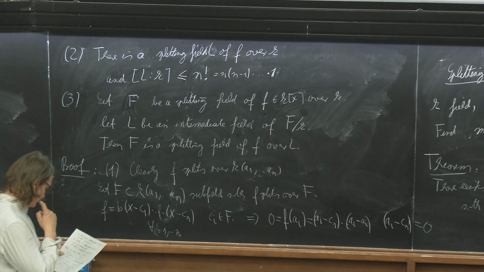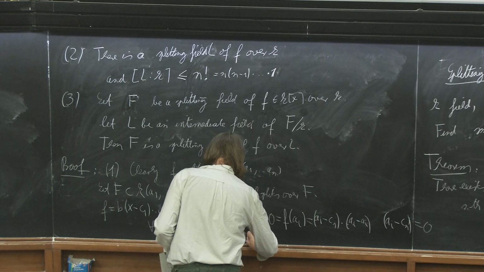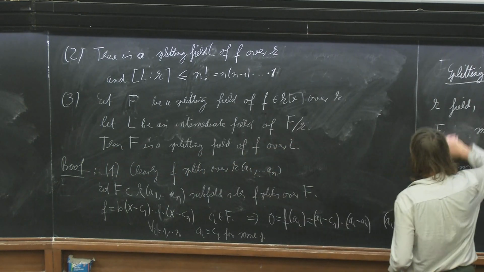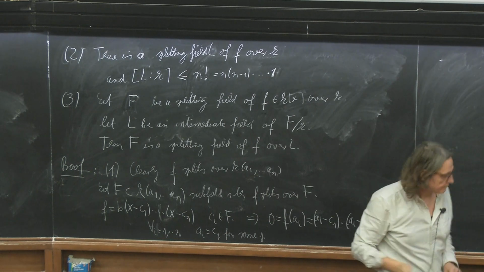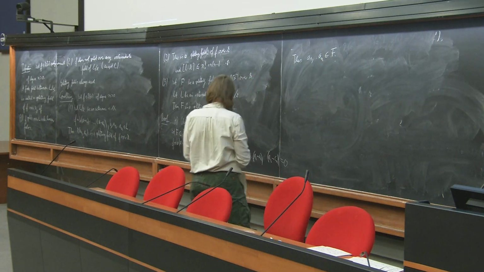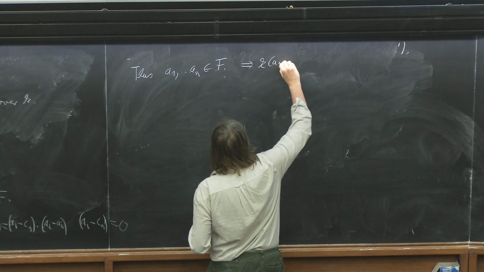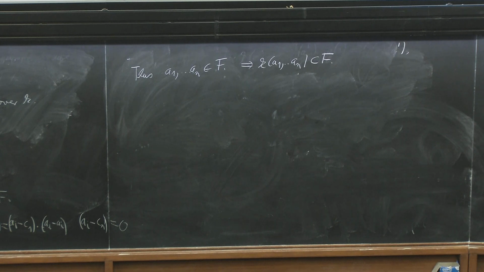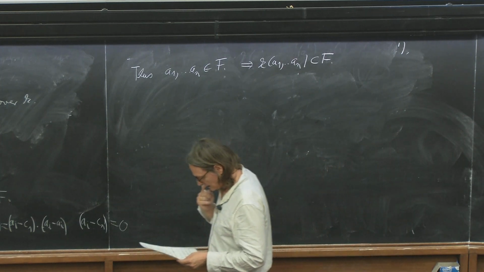So it follows that each a_i is equal to some c, so that means that a1 to an is contained in the field. And as K(a1, ..., an) is the smallest field containing K and a1 to an, it follows that it is the splitting field.